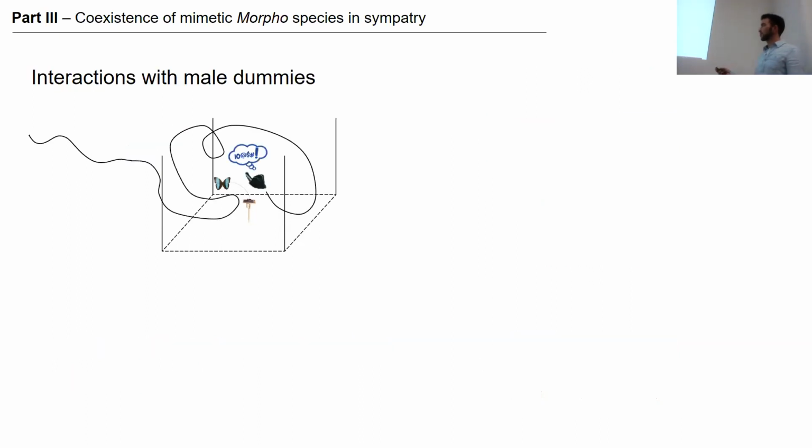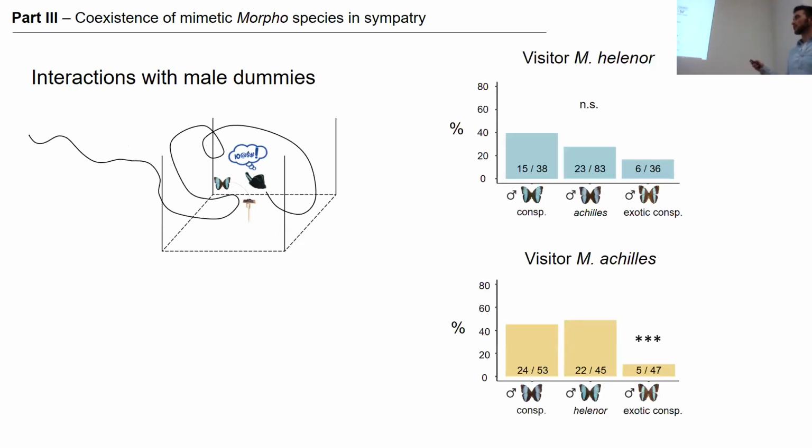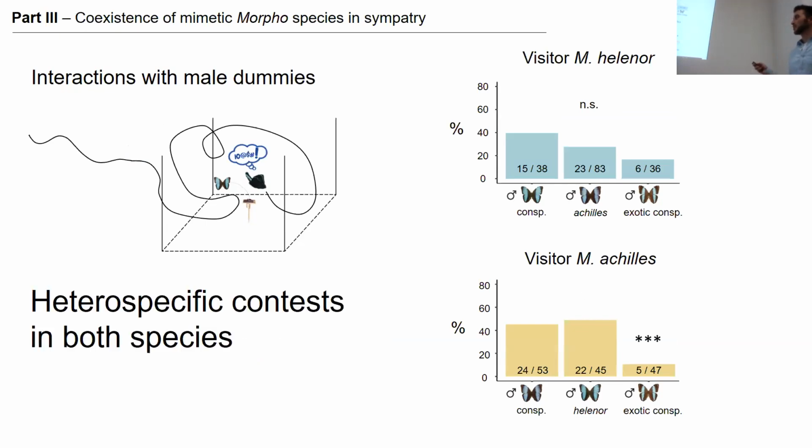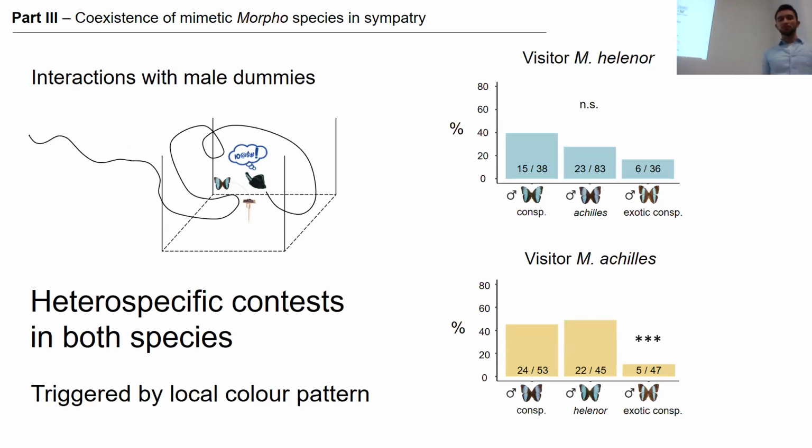So for the interaction, when butterflies enter into the cubic space, we found no discrimination between Peruvian conspecific and Peruvian heterospecific. But as you can see on the right, they are rarely engaged in a contest with the exotic dummy. And this is interesting because it suggests that patrolling males are more likely to come fighting with a dummy bearing a locally known color pattern.